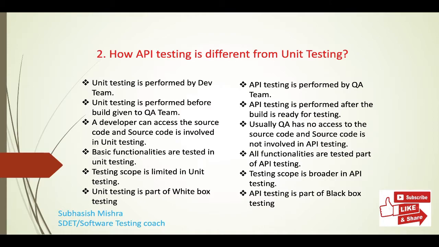Basic things are tested in unit testing, whereas in API testing we verify functionality, reliability, performance, and security of an application. Testing scope is limited in unit testing, whereas in API testing it is broad. Unit testing is part of white box testing, API testing is part of black box testing. Okay, we'll move to the next one.